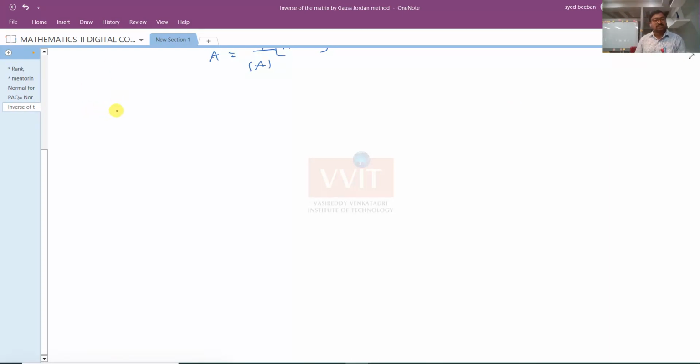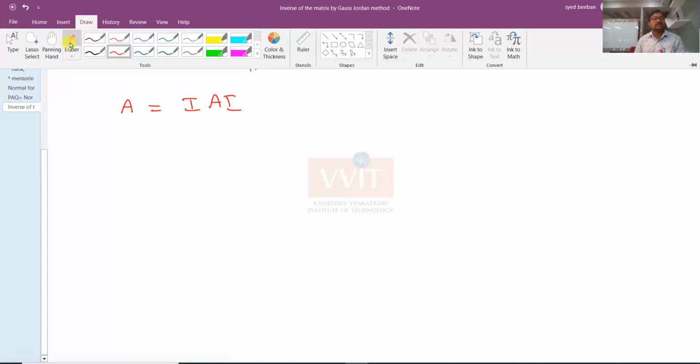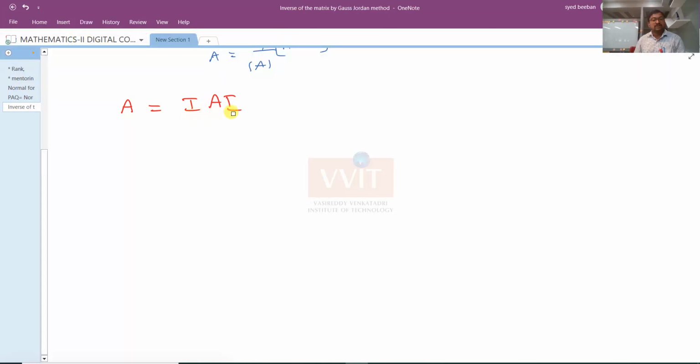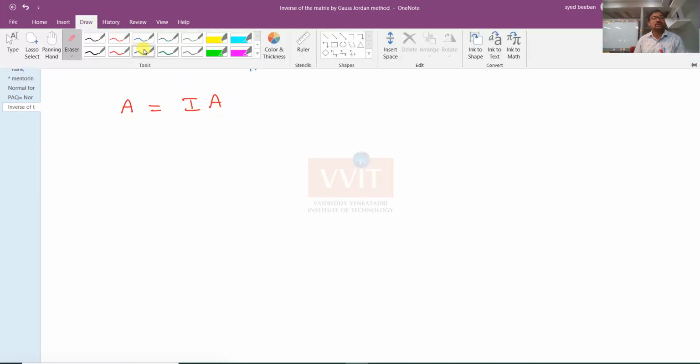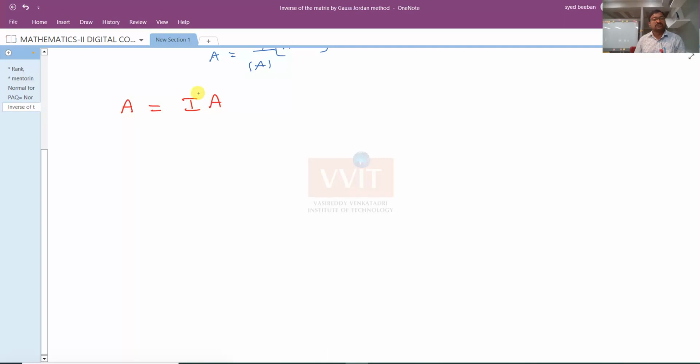The matrix A is, I can write like this: A equals I A. But in PAQ equal to normal form, we studied that this I is known as a prefactor, and we use only row operations. That's the reason I wrote A equal to IA.